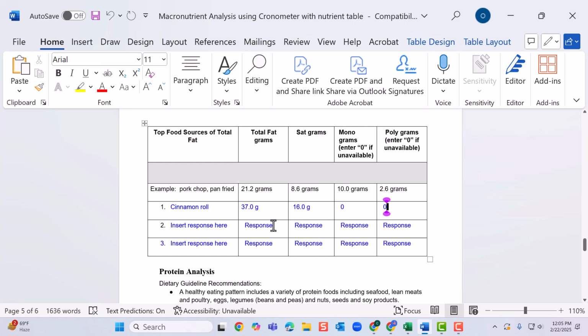You should already know why there was no mono or poly in the report. That's because it's voluntary for food companies to provide the grams for mono and poly. So this may not add up to 37, which was the total. But sometimes they do.